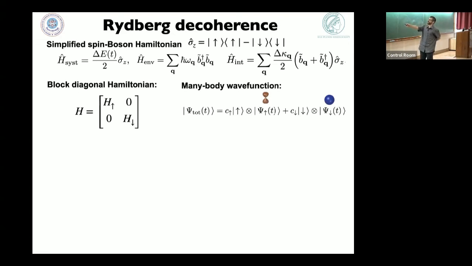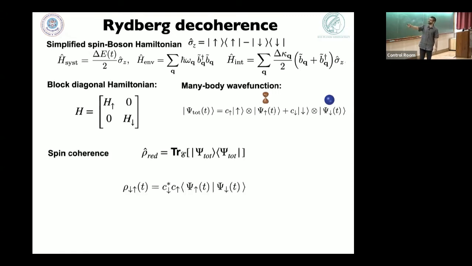Due to the same block structure, I know my many-body wave function is always some coefficient up times the BEC wave function for the case that I've put up inside, plus the same for down. Now I want to know the coherence between up and down. So I construct the reduced density matrix by tracing over the Bose-Einstein condensate state.